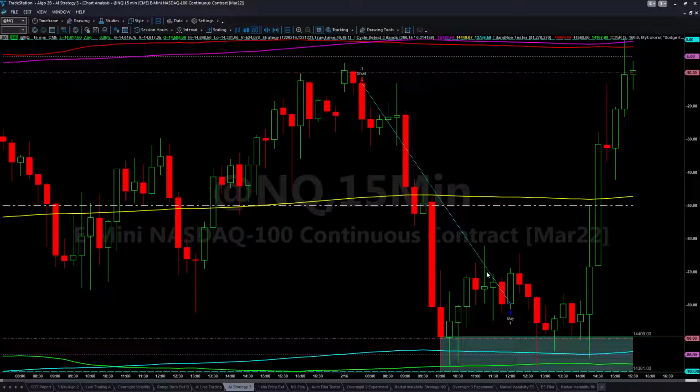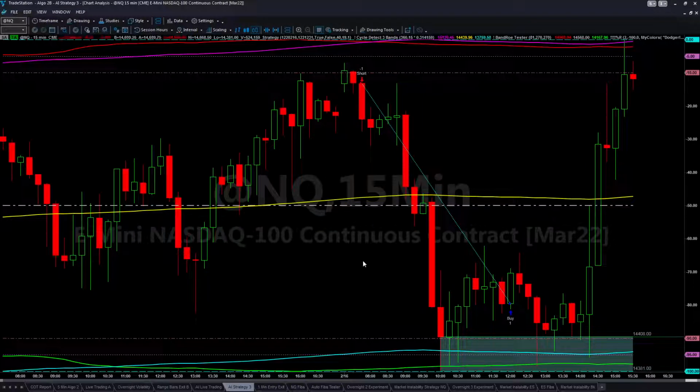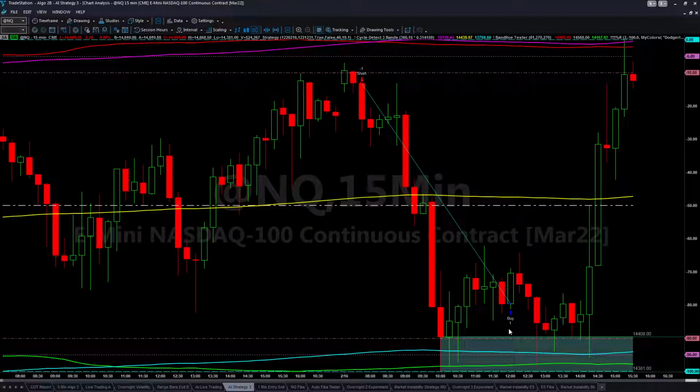This strategy here, guys, has been going on forever. I'll let you do the math on this: this run in the morning was from 6:07 all the way to 4:34.